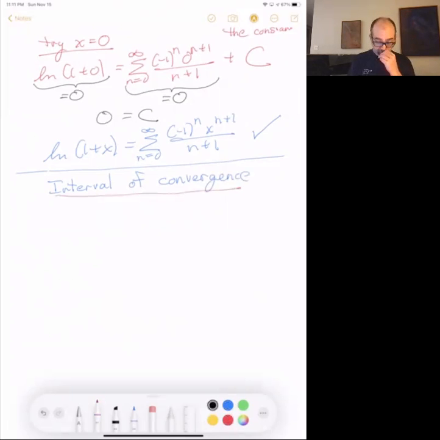So remember, the focus is on this series here. It is not on that natural log of 1 plus x. So we have to say, well, where can we go? Like with anything else, when you talk about this, we have to do the ratio test on this particular series.